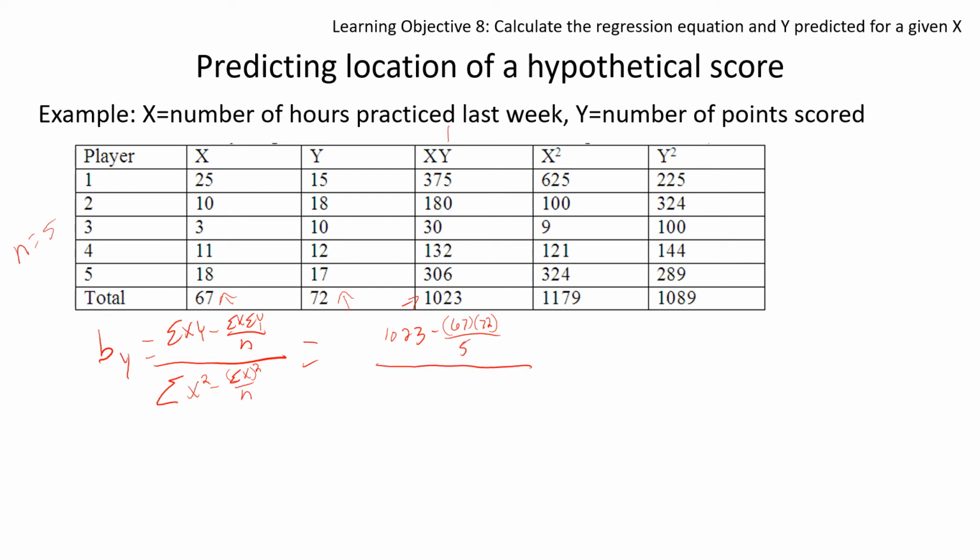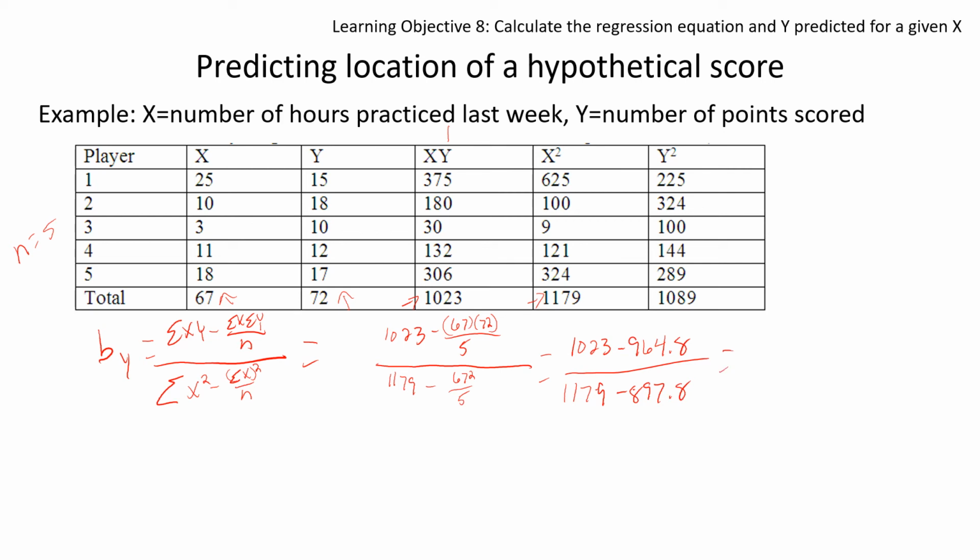All of that is divided by the sum of squares x. The sum of x squared is right here, 1179, minus the sum of x, which again is 67, that value squared divided by 5. If we do a little bit of math, we get 1023 minus 964.8 divided by 1179 minus 897.8.